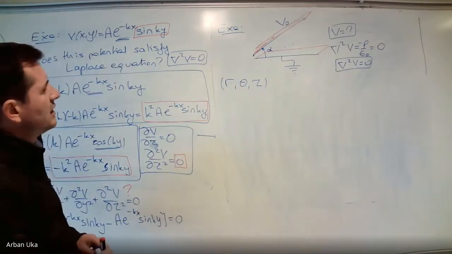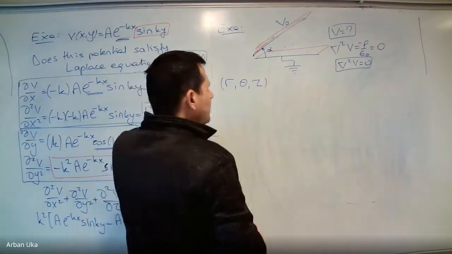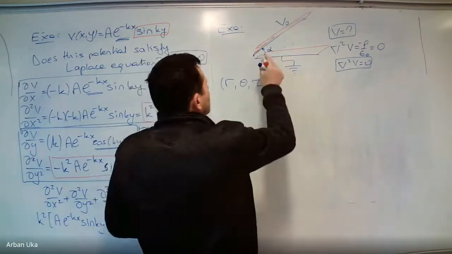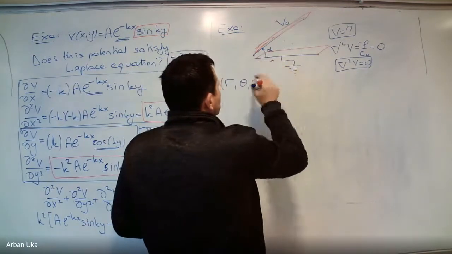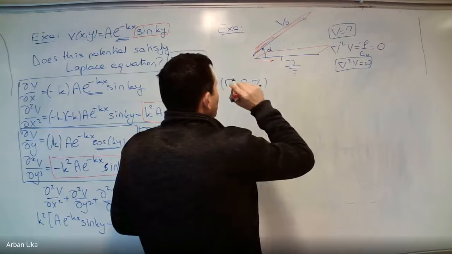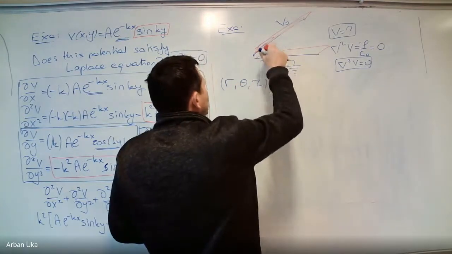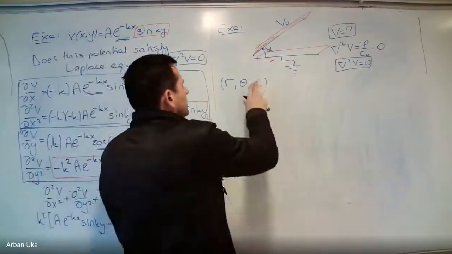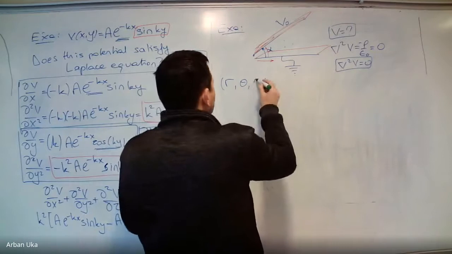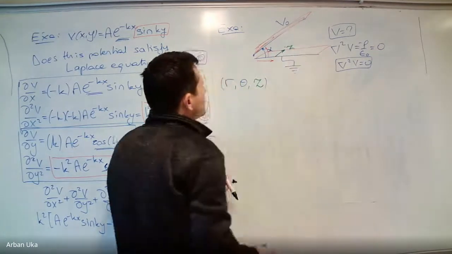And r is defined as, because we should remember that this is r, this is theta, and z is extending, so this is the z.